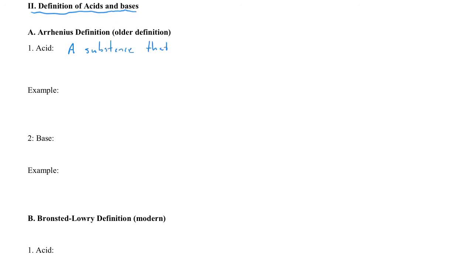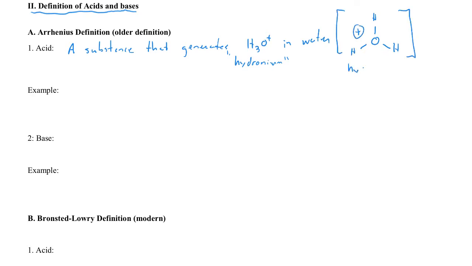And hydronium he defined as water with an extra H+ on it. So it would have the formula H3O+, and he called that hydronium. So an acid, under the Arrhenius definition, is a substance that generates this hydronium ion. And furthermore, the more acid that you would put in water, the higher the concentration of this hydronium ion.